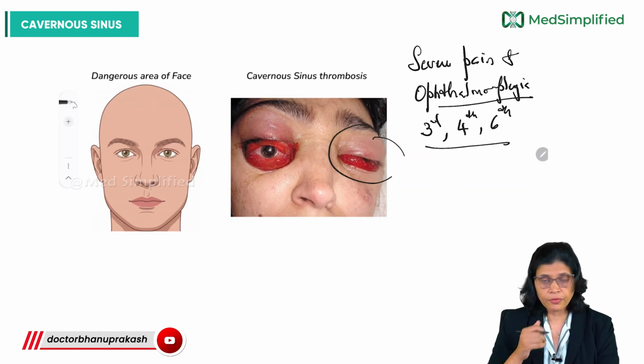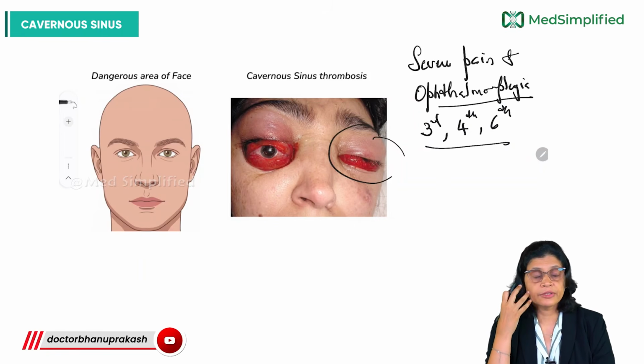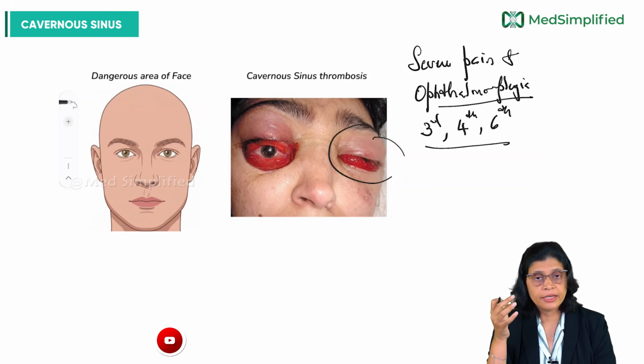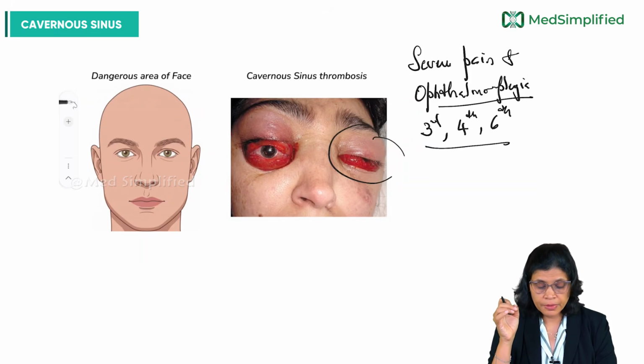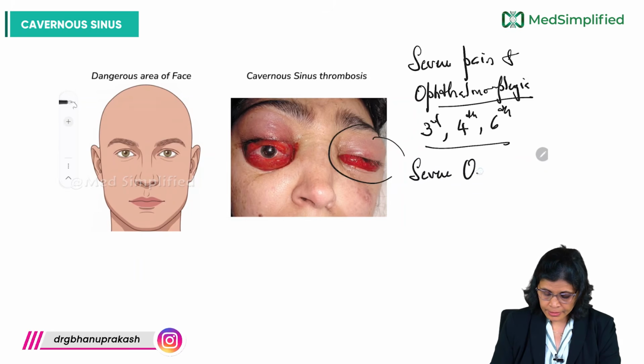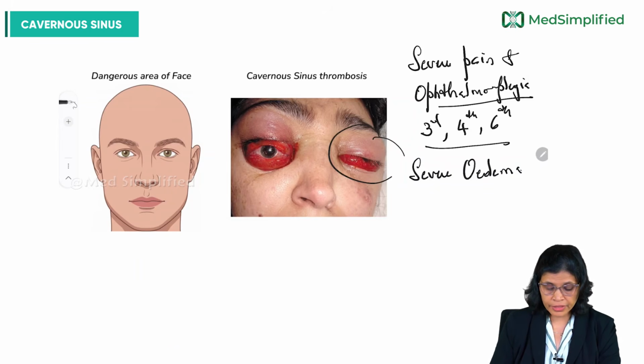So because of the involvement of these 3, which supply the muscles there, especially the 4th and 6th, they supply the extraocular muscles there. So there is ophthalmoplegia. Then if you see here, you can see there is severe edema of the eyelids along with the exophthalmos.